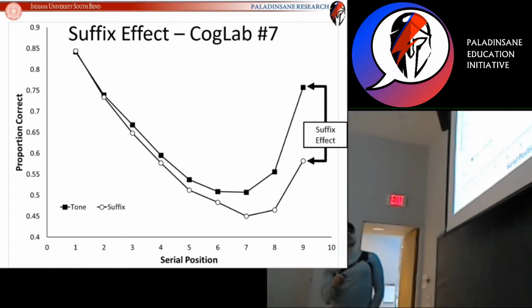So if you take a look during the suffix effect, how well you did on your last number that you were supposed to remember, not your actual last number. Remember, 0 was your last number. How well did you do on your last number that you were supposed to remember? You do about as well as the second last number when you got the beep.